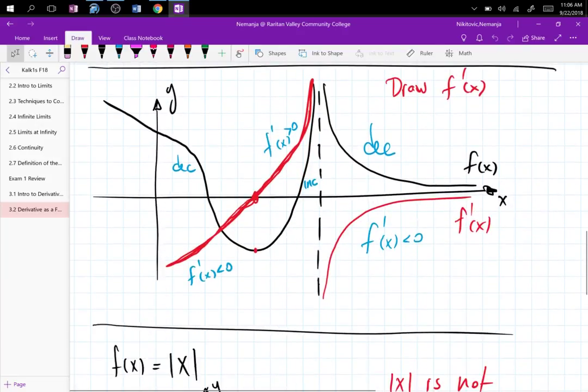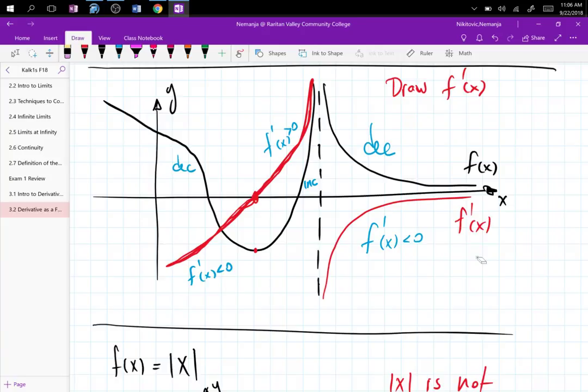So we see it here, right? We see it happening here. You have a minimum, and that's where the derivative cuts through x-axis. And then finally, if the function is decreasing, you should be drawing derivative below x-axis, and if the function is increasing, you will draw the derivative above x-axis because the derivative would be positive. So those are the 4 things: vertical asymptote, min and max, decrease, and increase.